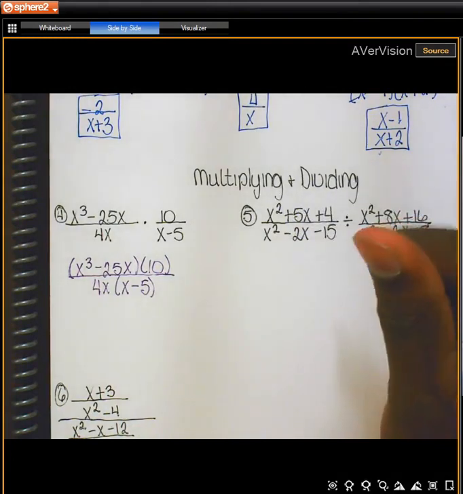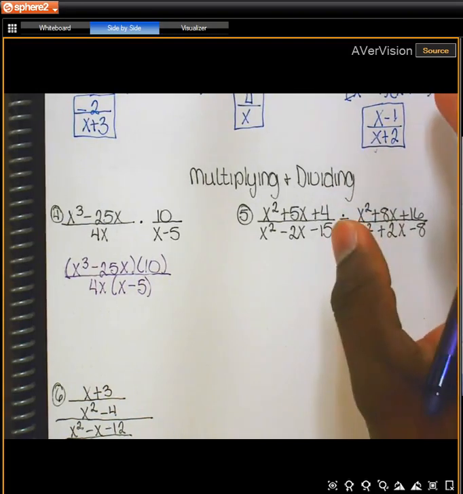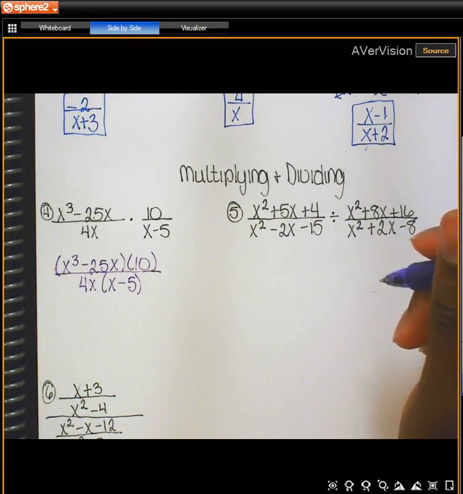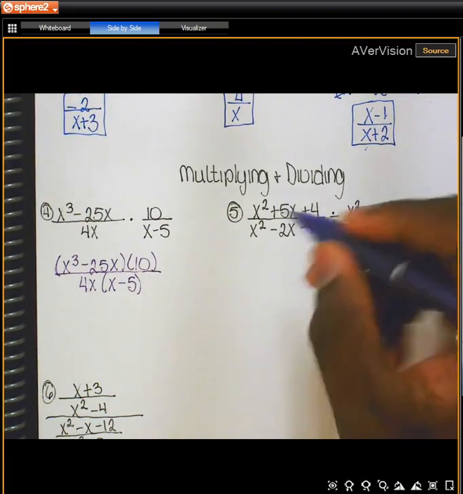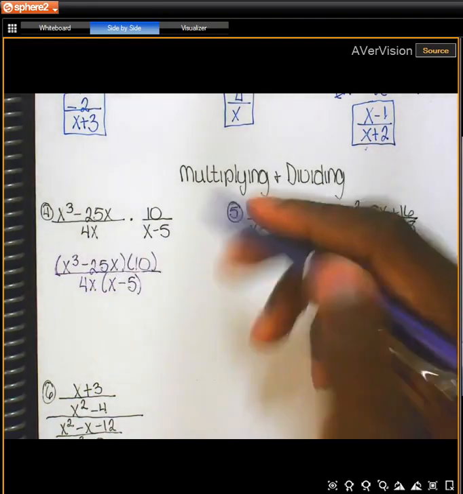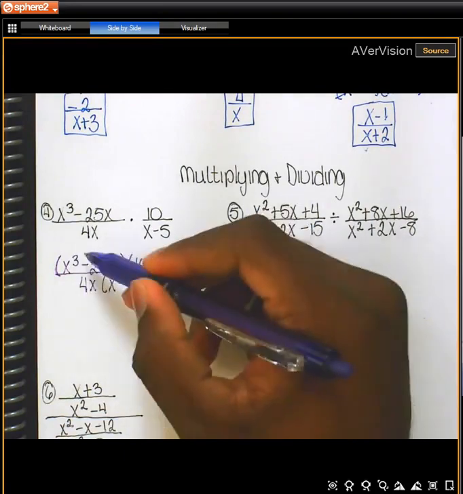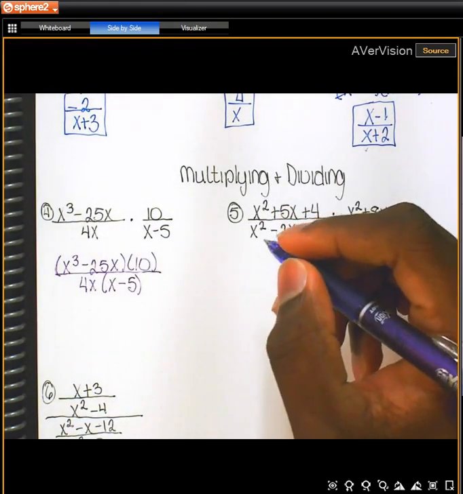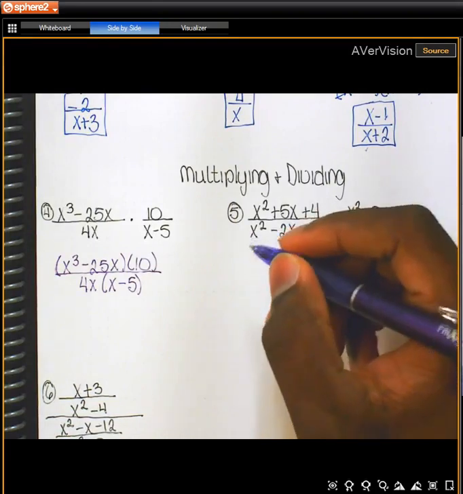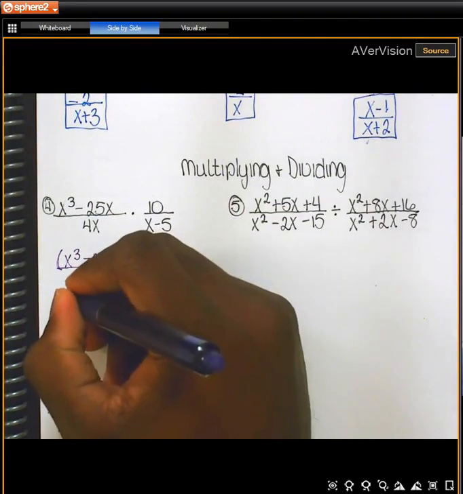The second step is what Angel told us to do, which is what? Right. So we want to find the greatest common factor in the numerator and the denominator. So is there something we can factor out of this first parentheses? Yeah, we can factor out an x.